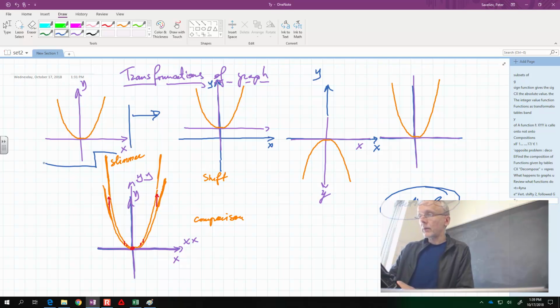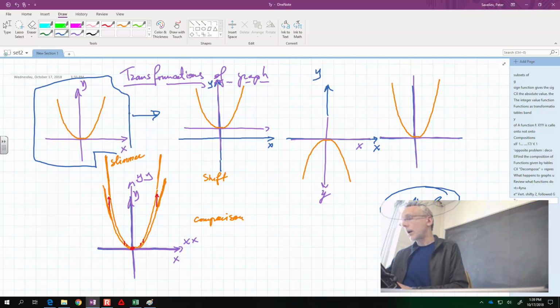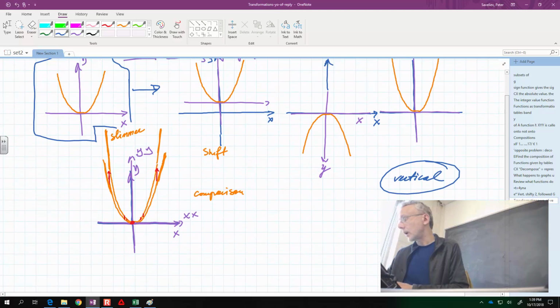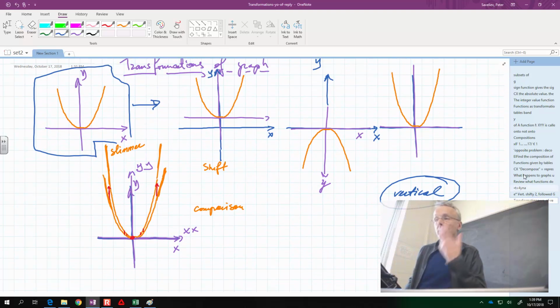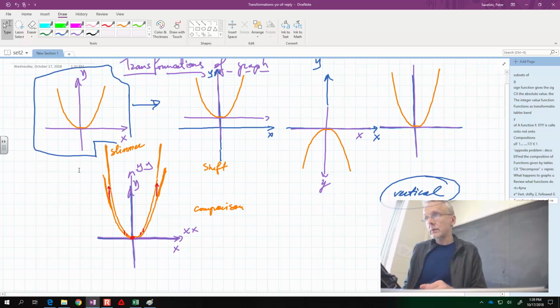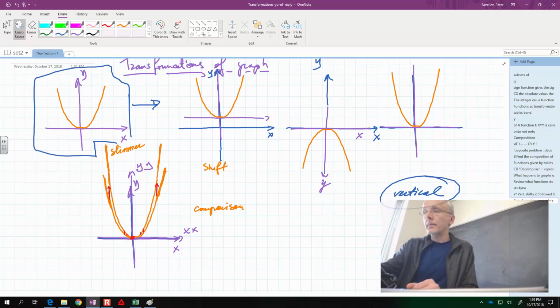Starting with the same picture. This is my picture again, and now I'm just doing horizontal, and that will be very different for one reason, because there is no symmetry here between x and y, and my parabola, as you can see, is pointing upward.